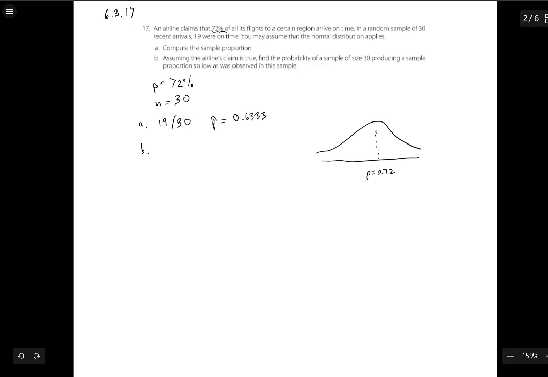And we're looking at what's the probability that our sample observation of 0.6333, or lower. So low as we observed, so from there or below.